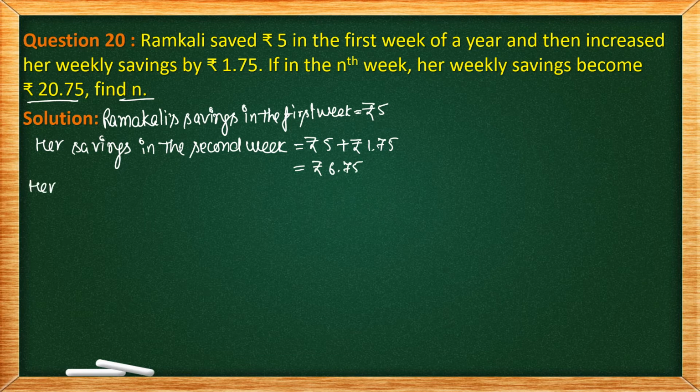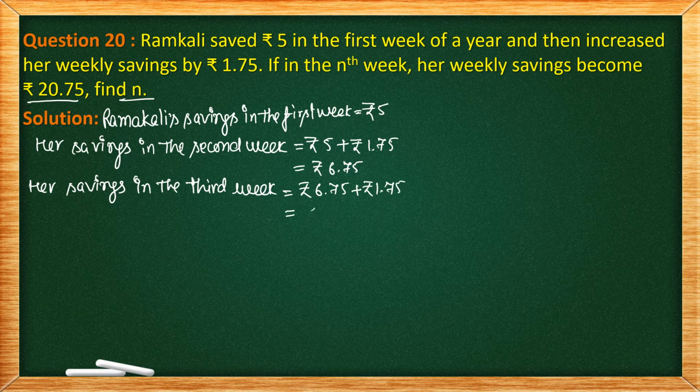Similarly, we can find out her savings in the third week. And again this time she has increased it by 1 rupees 75 paise, and now in the third week she is going to save 8 rupees 50 paise.